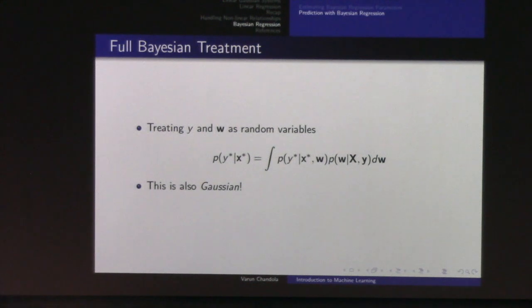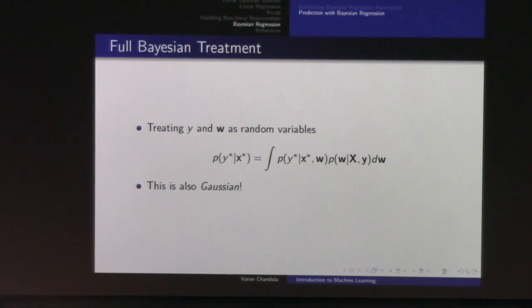But what happens with Bayesian regression is that since our W itself is a random variable, right? So if you think about it, think of this huge box, okay? This box has all the W's that you want, right? Or your optimal W is hidden in this box, right? So one thing you can do is you can pick the optimal W using your regression, using a learning, and then use that, right?